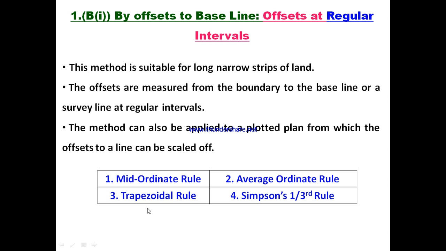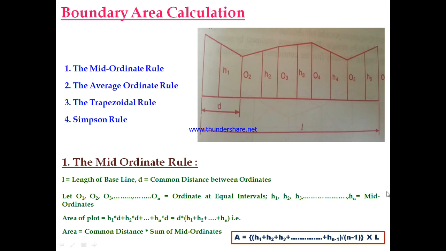Now we have 4 such methods for offsets at regular interval: mid-ordinate rule, average ordinate rule, trapezoidal rule and Simpson 1/3 rule. Let's begin with the first method, the mid-ordinate rule. The number of zones we have divided are known as ordinates here.